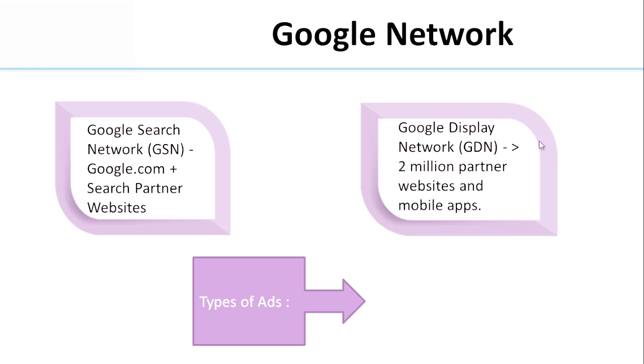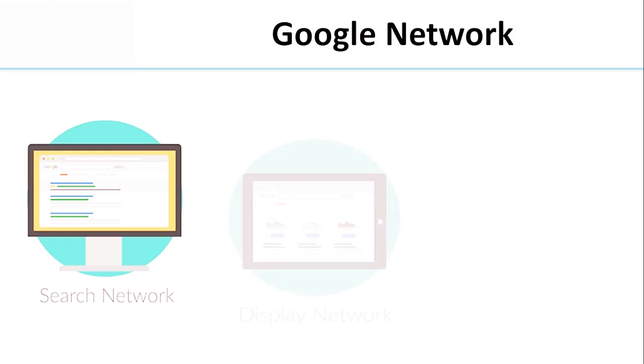And there are many types of ads available in this network, like display advertisement, video advertisement, search advertisement, and app advertisement. Now let's go ahead on Google network.